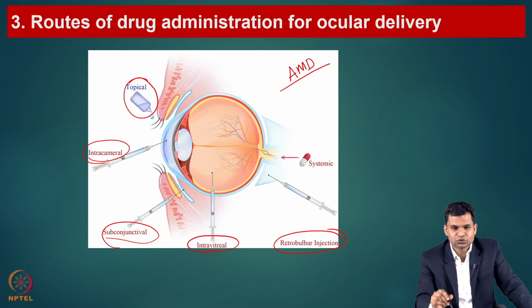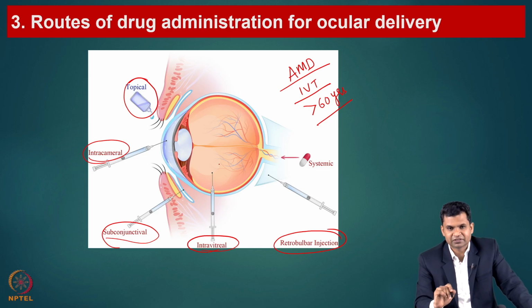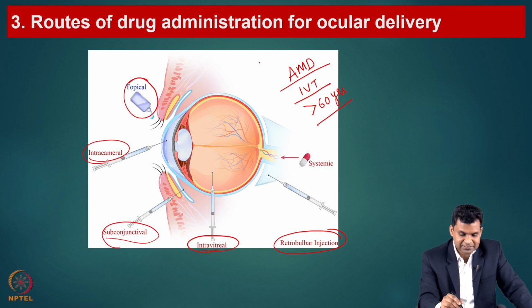In such cases we need to give IVT injection to patients who are more than 60 years of age. They are already in a very severe condition. In such cases we need to give the injection to the eye to deliver various types of molecules which are called anti-VEGF molecules, anti-vascular endothelial growth factors.